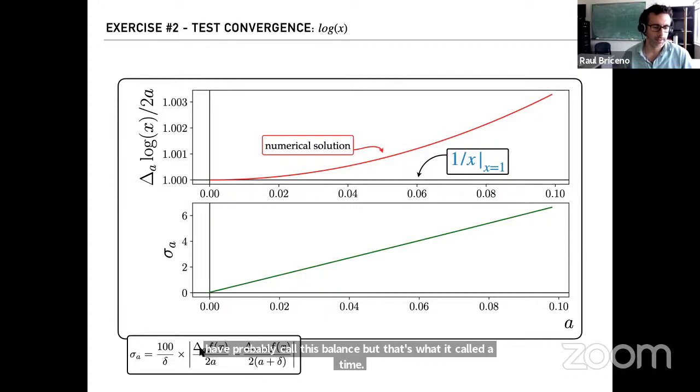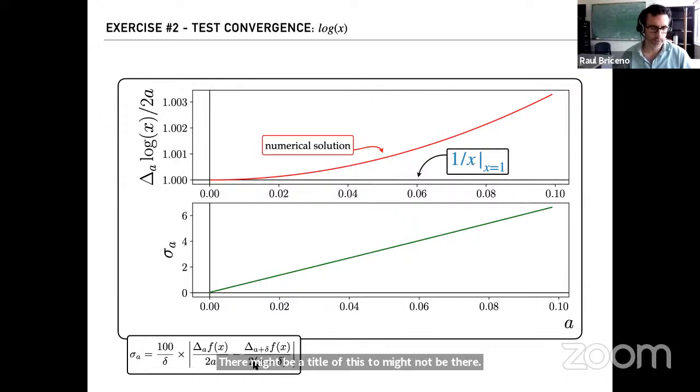So delta A of f divided by 2a is just a derivative, at one value of a. Delta A plus little delta of f divided by 2 plus little delta is equal to the derivative. Oh, there might be a typo. This 2 might not be there.